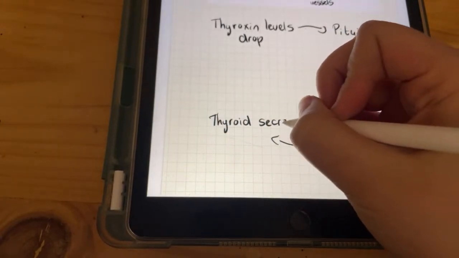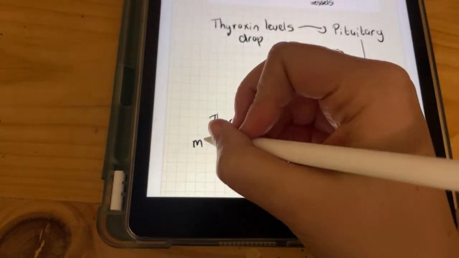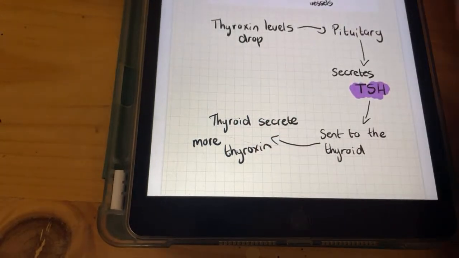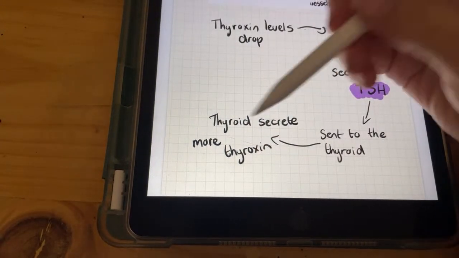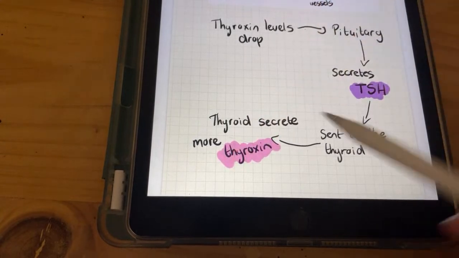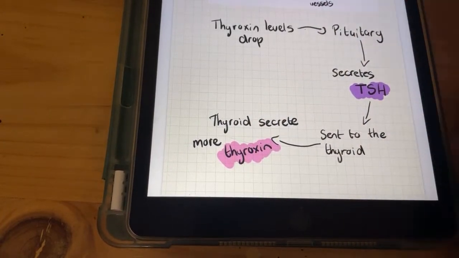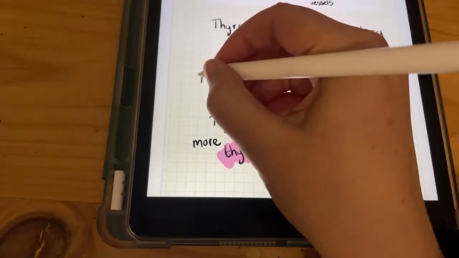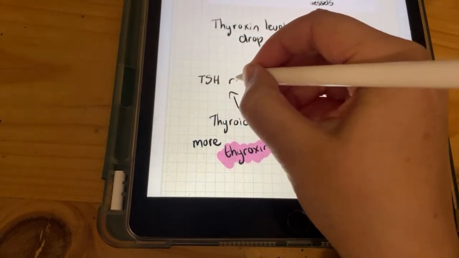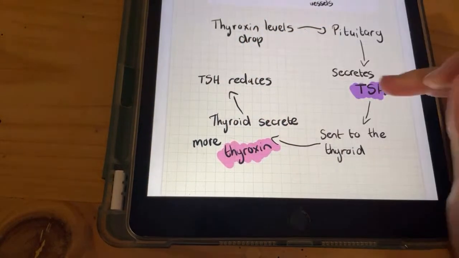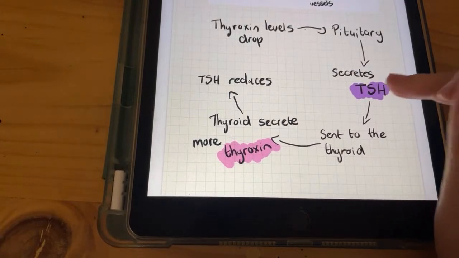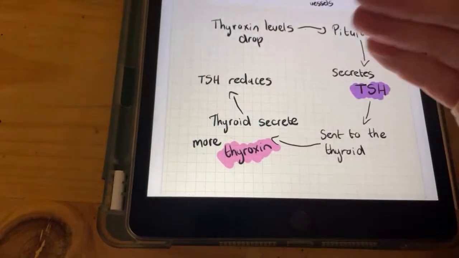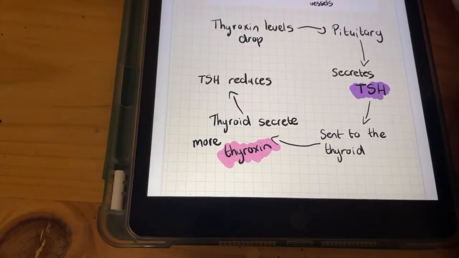And it is going to now secrete more thyroxine. So there is our second hormone, because there are two hormones in this system. And the result of secreting more thyroxine is we actually start to make less thyroid stimulating hormone. And it kind of makes sense, because this was the message to say, please make more. Now that we have made more, the thyroid stimulating hormone will go down. Okay.